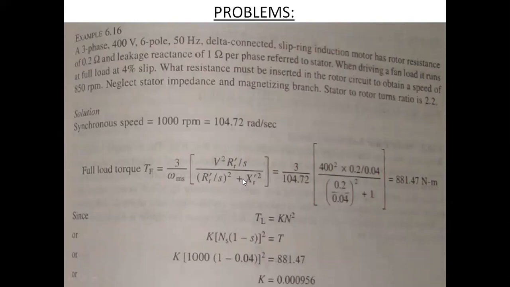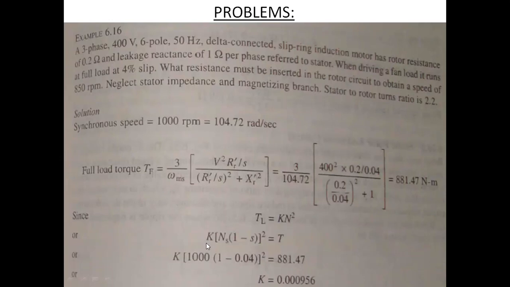If you substitute the values in the formula, 3 by omega ms is 104.72, 400 squared, 0.2 by 0.04, where 4% is the slip, divided by (0.2 by 0.04) whole square plus reactance 1 squared, you will get the full load torque of 881.47. You know that the formula T_L is equal to K n square.